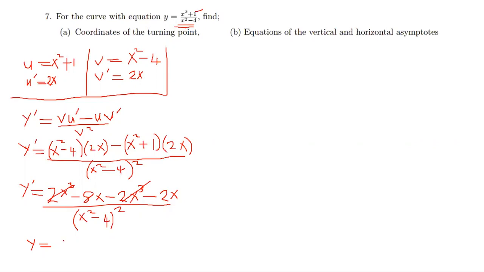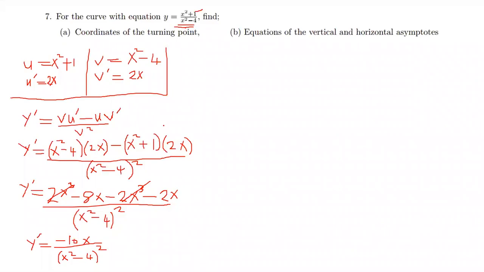So meaning we add them, we're going to get negative 10x, and then everything divided by this x squared minus 4. Then you put them in brackets like that, and then you square them. So this is y prime, which is just the same as dy dx.